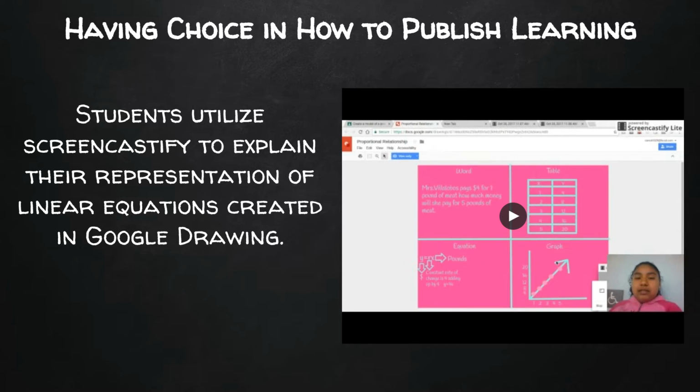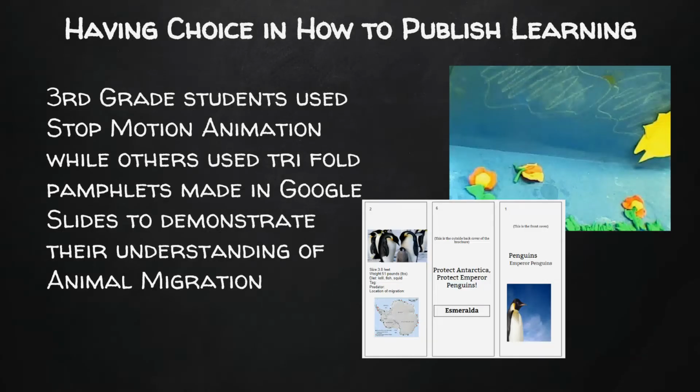So 4 different ways. She's using Screencastify to explain that while using Google Drawing to create a visual representation of that. And here you can see there's visual representation and abstract representation of her understanding. And she's not communicating that in writing or paper and pencil. She's using Google Drawing and Screencastify.